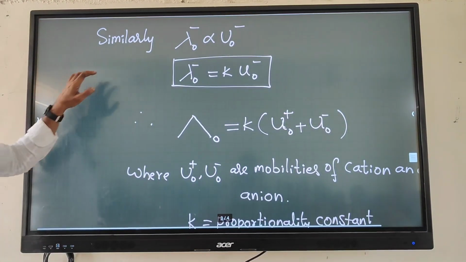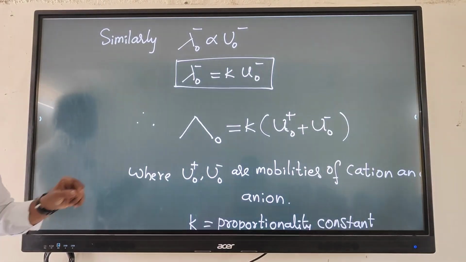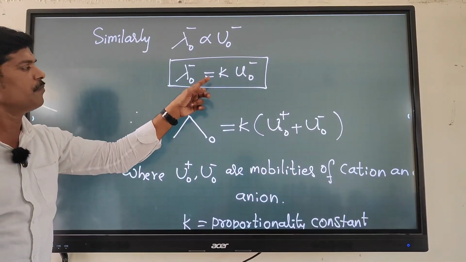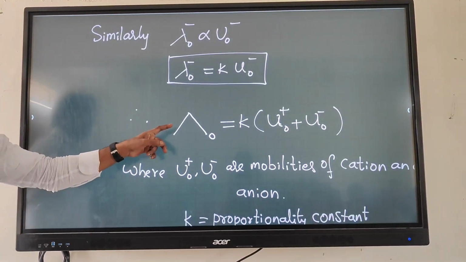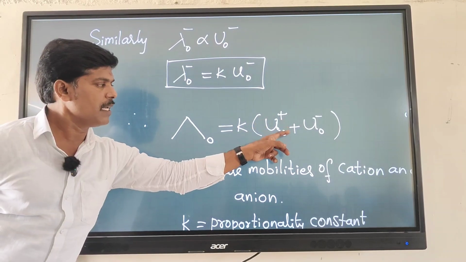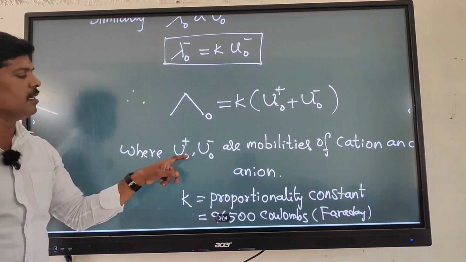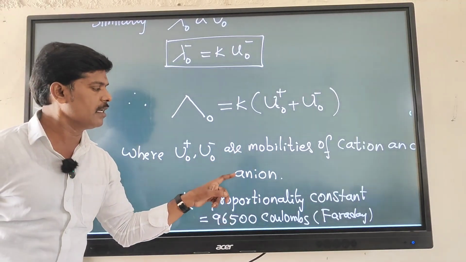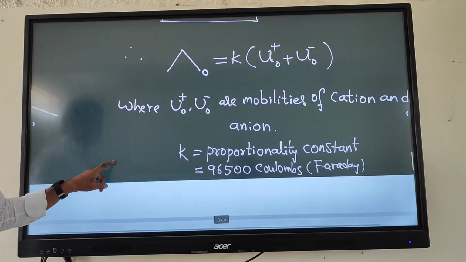Similarly, lambda naught minus is also directly proportional to U naught minus, so lambda naught minus is equal to K into U naught minus. So lambda naught is equal to K into U naught plus plus U naught minus, where U naught plus and U naught minus are mobilities of cation and anion.